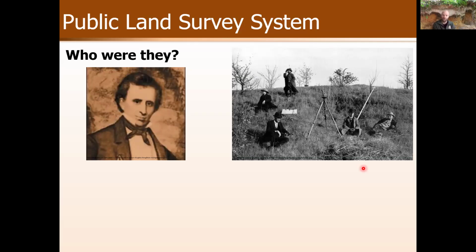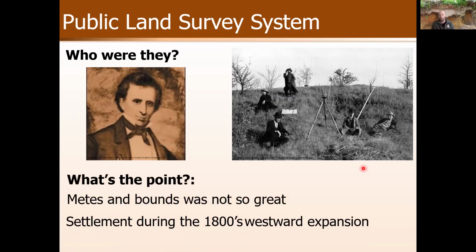But here, another way, at least here in the US, that we've subdivided space was through what is known as the US Public Land Survey System. And so who were the US Public Land Surveyors? And what was the point?